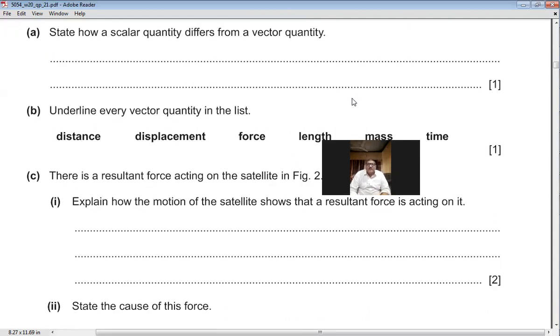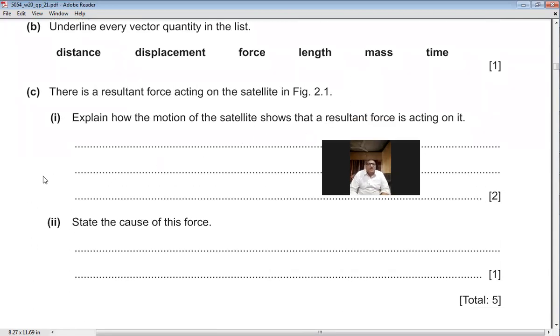Then the next question says there is a resultant force acting on the satellite in figure 2.1. Explain how the motion of the satellite shows that a resultant force is acting on it. If an object is under the influence of a resultant force, there will be acceleration.